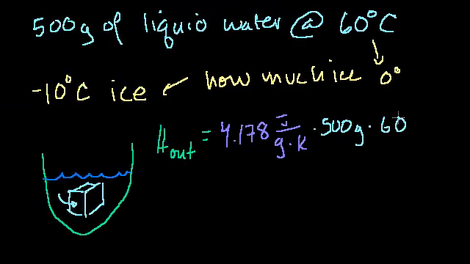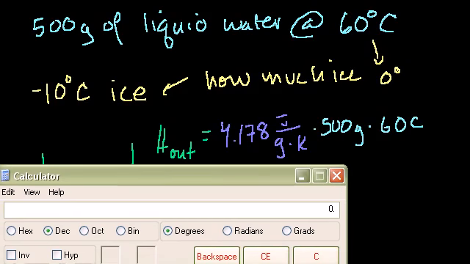So this is 4.178 times 500 times a change of 60 degrees. It could be a change of 60 degrees Kelvin or 60 degrees Celsius. It doesn't matter. The actual difference is the same whether we're doing it in Kelvin or Celsius.